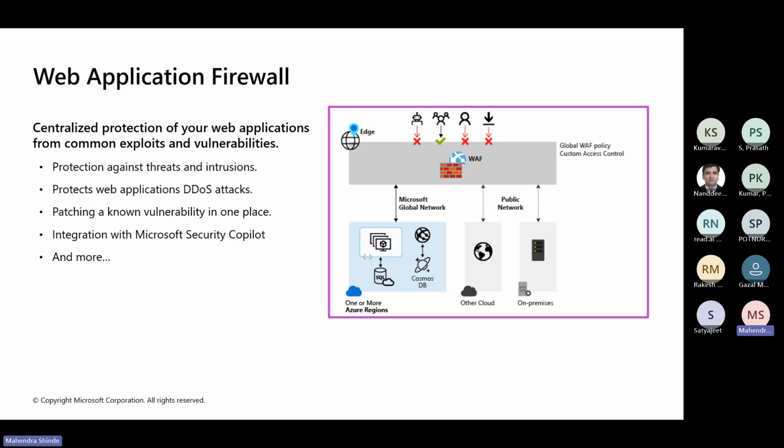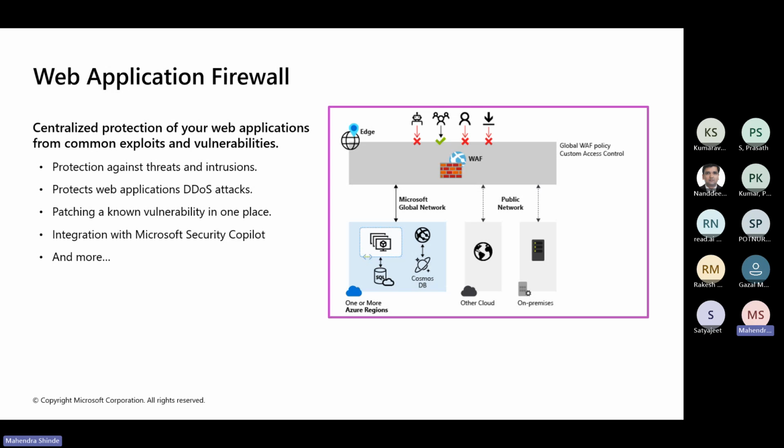Now, what additional things do we get with WAF, Web Application Firewall? Web Application Firewall is specifically designed for web applications. So it already gives you protection against some of the commonly known or well-known vulnerabilities. For example, it already has DDoS protection enabled inside it.